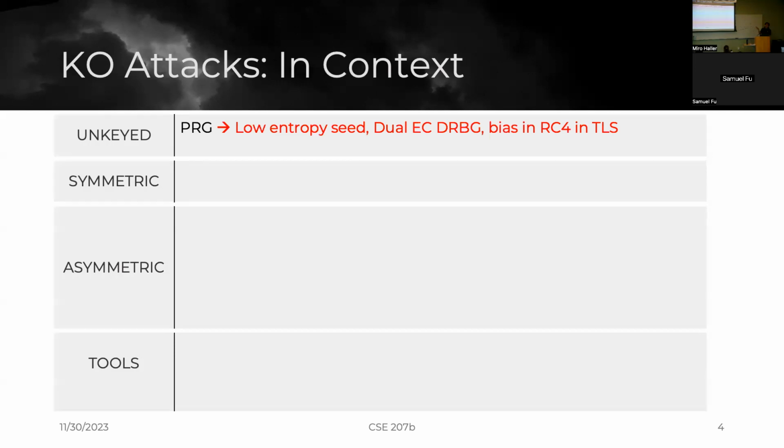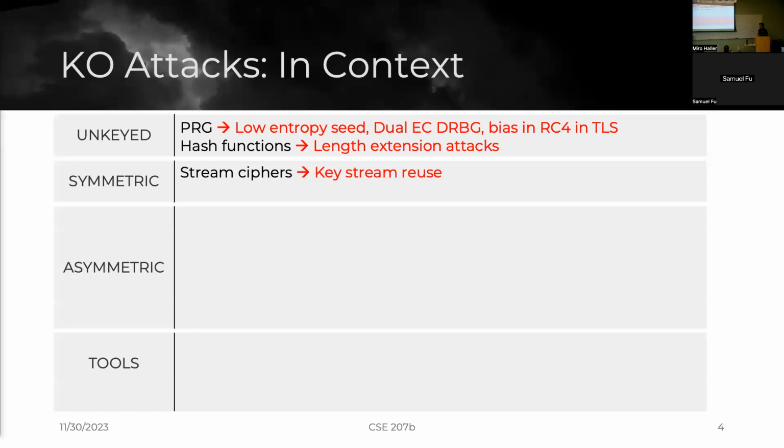Or we looked at RC4, which has a bias in the distributed samples that was exploited in the Lucky 13 attack against TLS. Then we looked at hash functions, which are vulnerable to length extension attacks if you don't implement them correctly, or depending on how you combine them with signatures, that could be a problem, as you exploited in one of your homeworks.